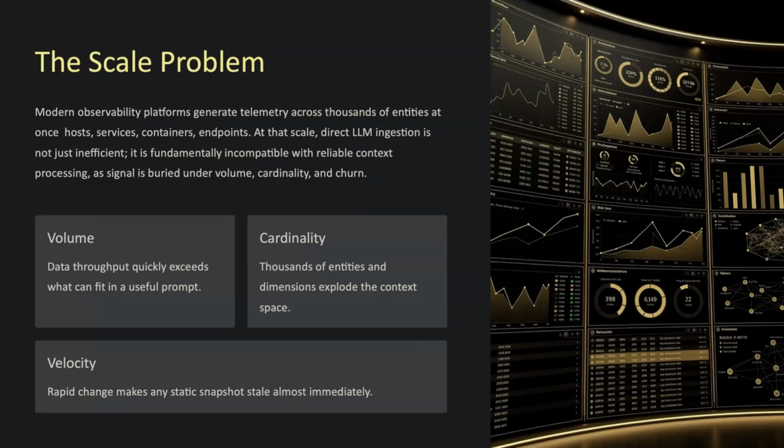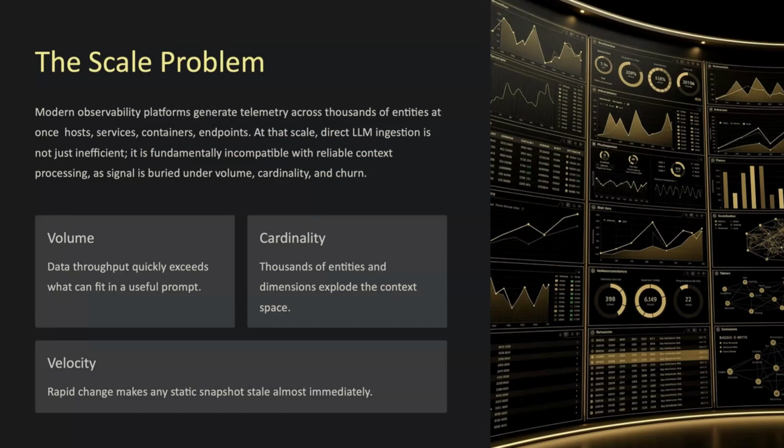So a snapshot of a system a few minutes ago is very different from the snapshot that you're observing right now. So you have a lot of data, you have a lot of signals, which are continuously changing, and you're required to present it in a way that the LLM can understand. This can be a very hard problem.